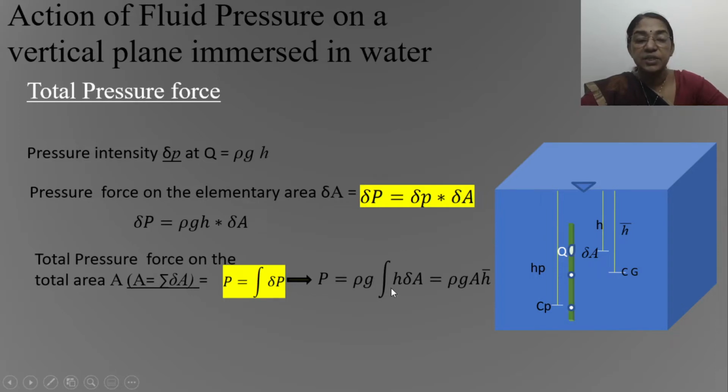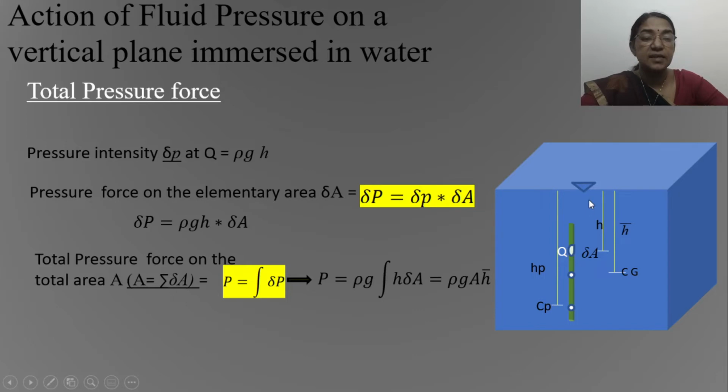So the integral of h dA represents the moment of the total area about the free water surface, which can be represented as A into h bar. In other words, the total pressure force P equals rho g into A into h bar.